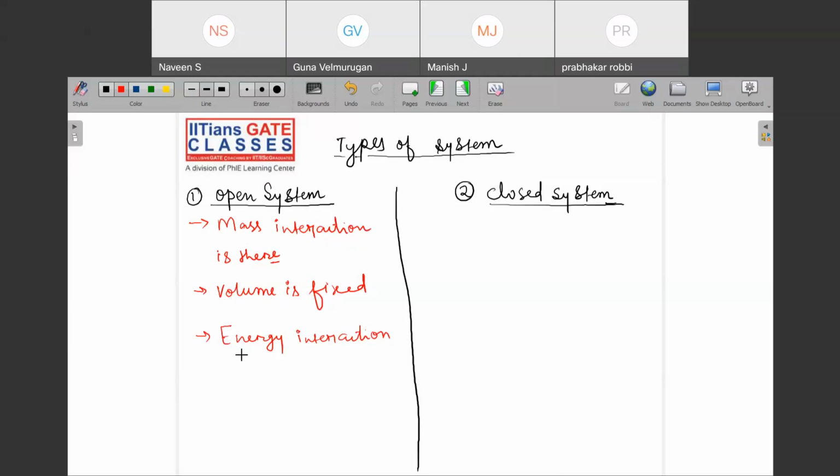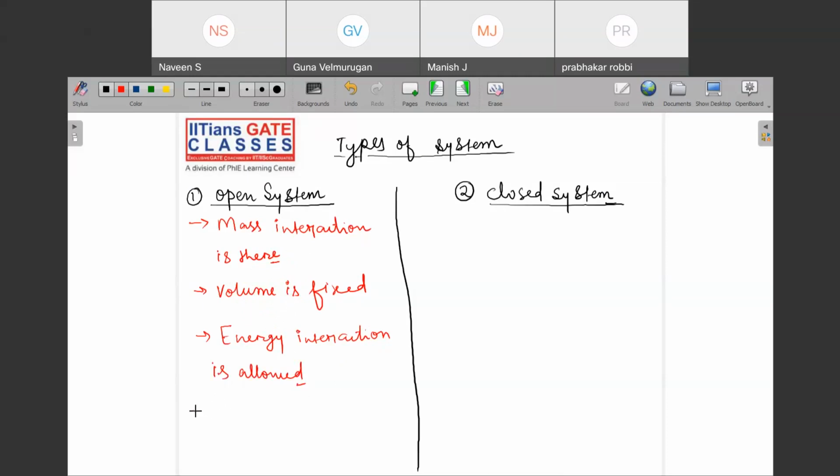So energy interaction is always there. So energy interaction is allowed. So these three things about open system you should know, that energy interaction is allowed, mass interaction is also allowed, and volume is what? Fixed.